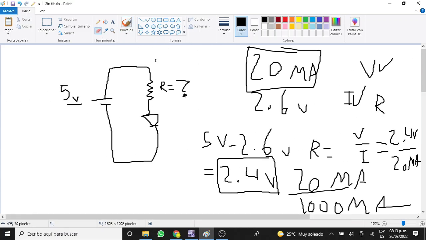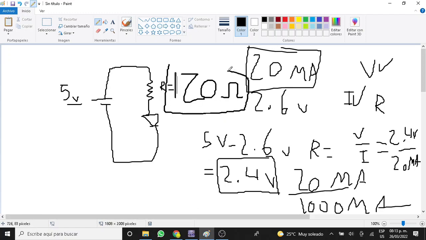So the value of the resistance is equal to 120 ohms. And this is the value for this LED.